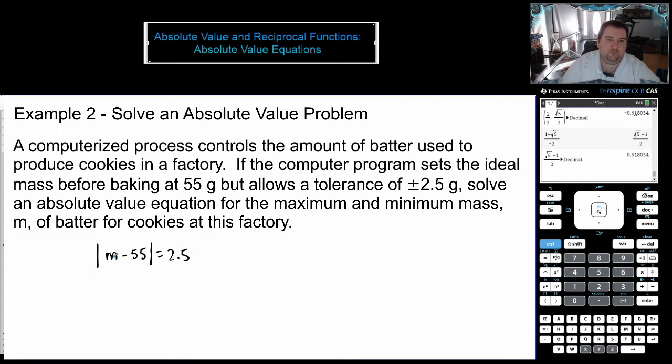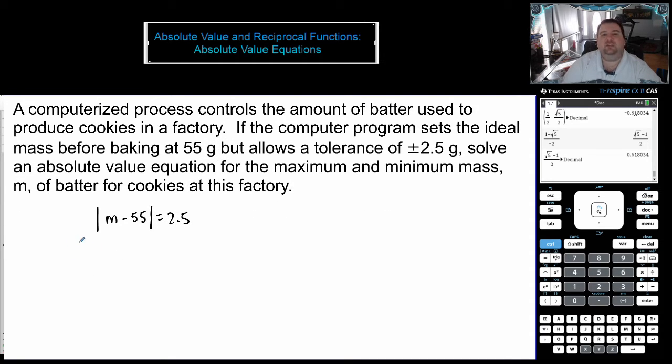So whatever our mass is, our mass minus that and the absolute value of it cannot exceed 2.5 grams. So that's how we're going to set up our absolute value equation. Remember that there's going to be two cases. There's going to be case one where M is going to be greater than or equal to 0, and case two where M is going to be less than 0.